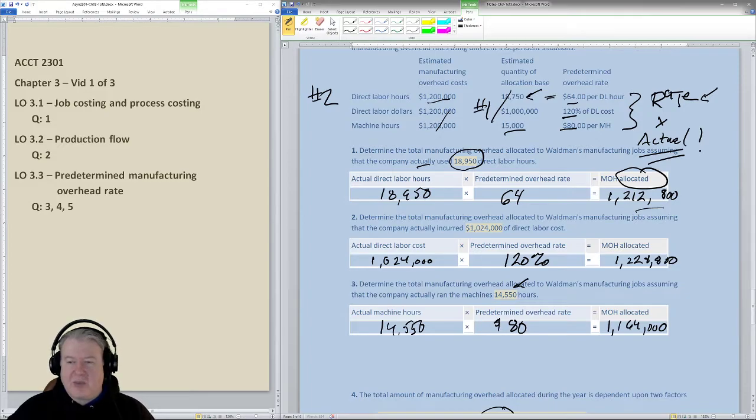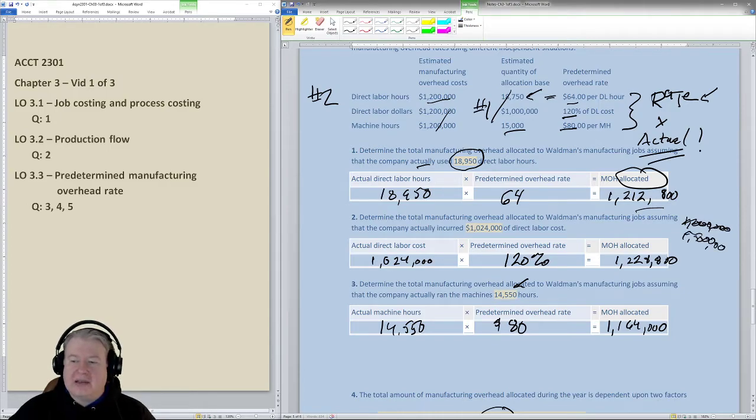Well, the third step would be, at some point down the road, I'm going to find out what my manufacturing overhead really is. If my manufacturing overhead really is only $1 million, well, then I put too much down. I guessed too high. But if it was 1.5 million, I guessed too low.